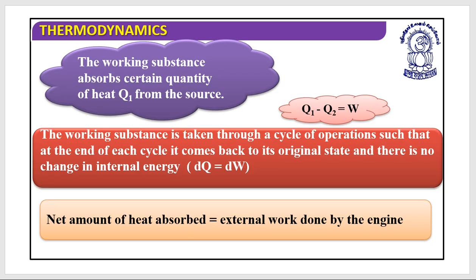So let's say the working substance absorbs a certain quantity of heat, which we call Q1, from the source, and we have the relation that work done is equal to Q1 minus Q2. So we can say the working substance is taken through a cycle of operations such that at the end of each cycle it comes back to its original state and there is no change in internal energy.